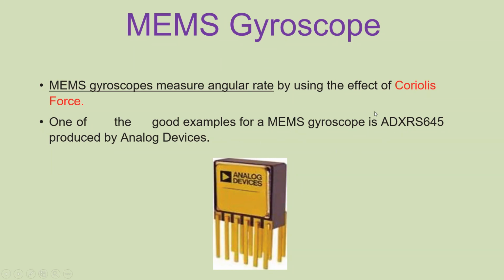This is one of the types. This is not the only type. You can download the datasheet and have a look at this gyroscope. This is produced by this manufacturer, Analog Devices. This is not the only gyroscope in the world, but it is a good gyroscope which uses micro electromechanical systems.